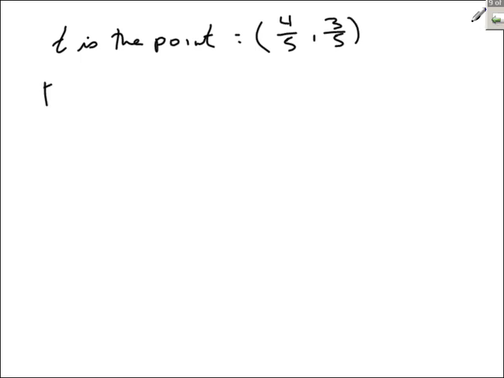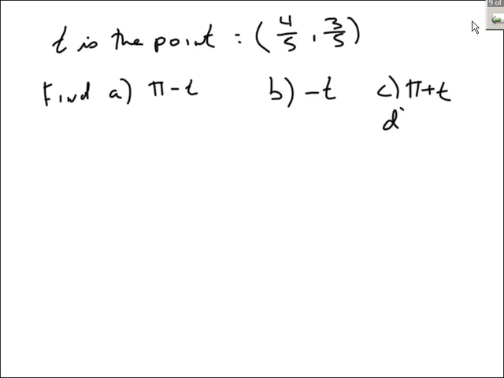And they want us to find where pi minus t is, or negative t, maybe it's a good one, pi plus t, and then maybe the last one, 2 pi plus t.